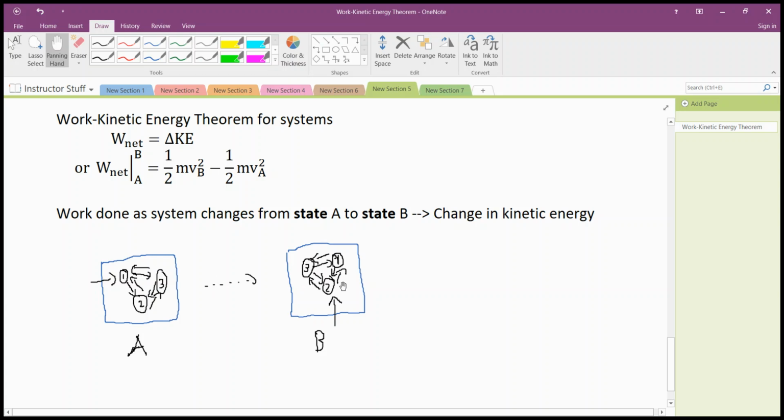And so, because these displacements aren't necessarily the same for each of these objects, instead we speak of state A, our objects are here, and state B, they have all undergone various displacements from the various work done by the various forces into these positions over here. And so then the work done as a system changes from state A to state B is equal to the total change in kinetic energy of our objects as they change from state A to state B.